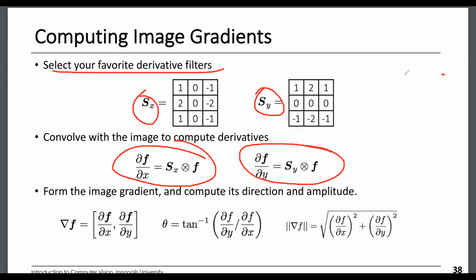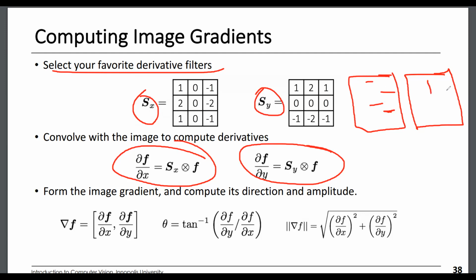We have an output for this convolution as two separate images. The first image would be one where the horizontal edges are focused on. The other image would be one where the vertical edges are focused on, like this.